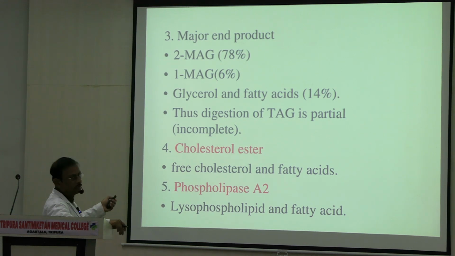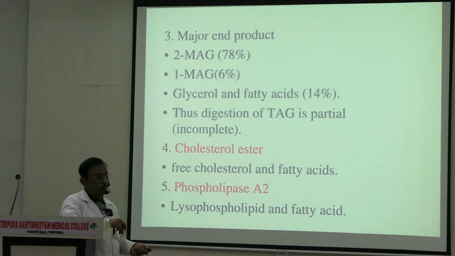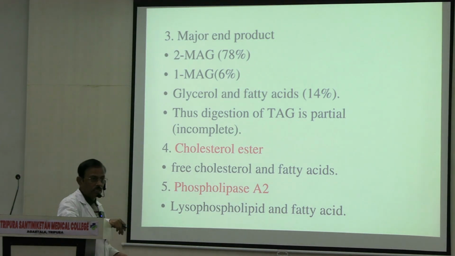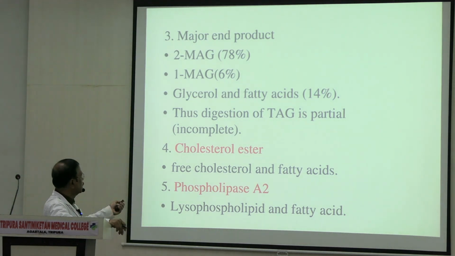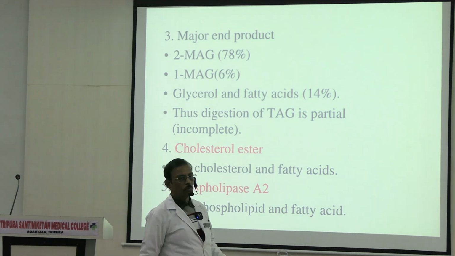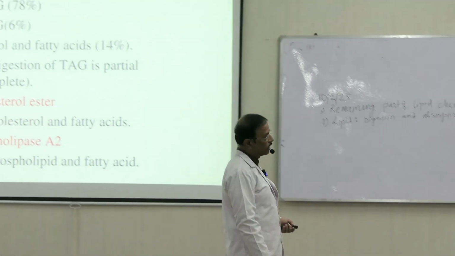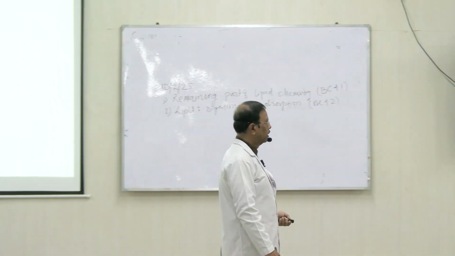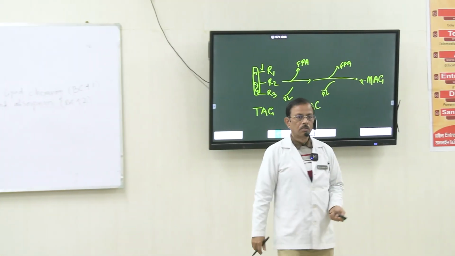This is the product of digestion of triacylglycerol. Now all the triacylglycerol is not converted into glycerol or fatty acid. So that's why it is incomplete, because some amount of monoacylglycerol will be there, some amount of diacylglycerol is there, and glycerol and fatty acids are there.